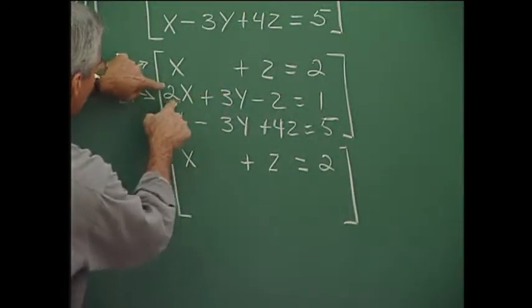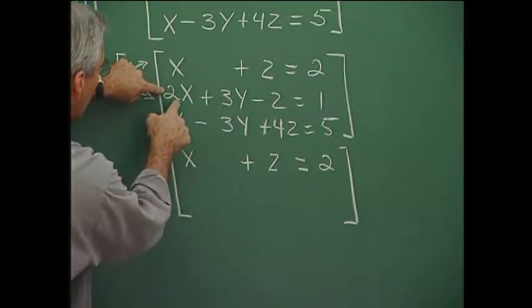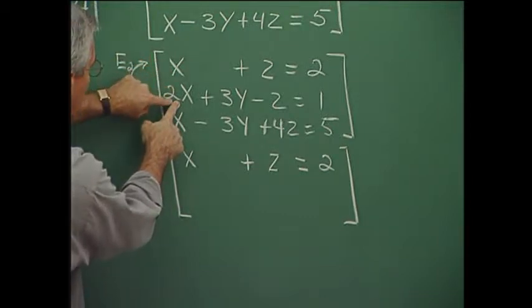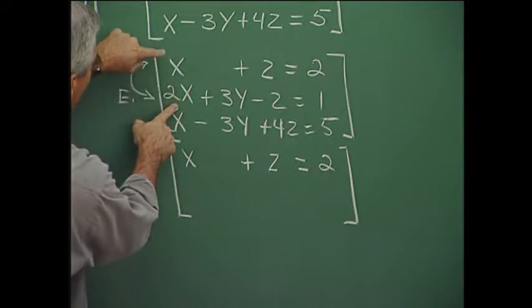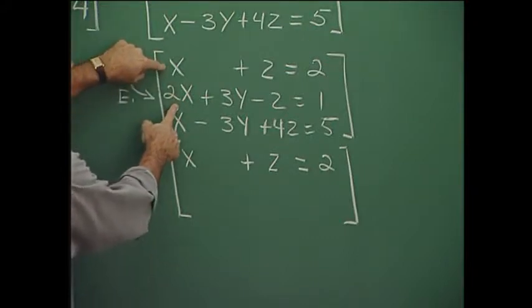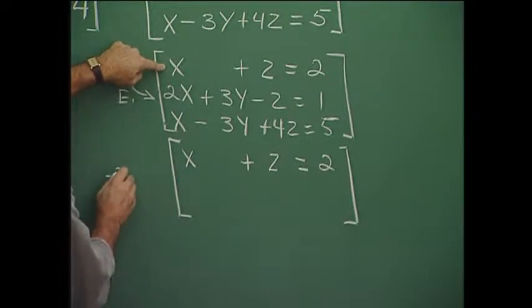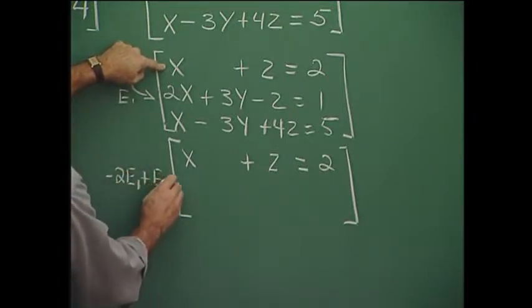Now to cause this second entry down here to be a 0, we're going to need to multiply equation 1 and then add equation 2. We've done this same kind of operation a couple of times before. We're going to multiply equation 1 by negative 2, and then add equation 2. So it'll be negative 2 times equation 1 plus equation 2.